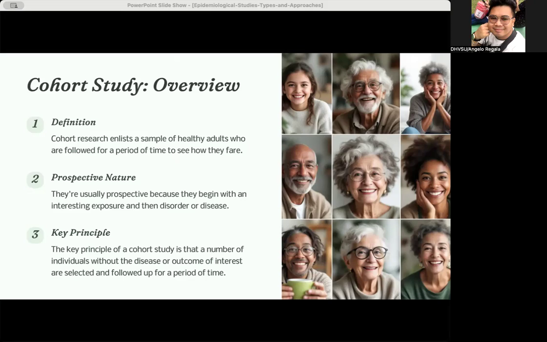They would surveil them to see whether they would develop COVID-19 after they were exposed or not. So that's a cohort type of study.